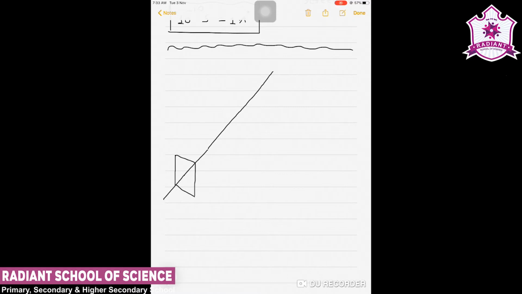In his experiment he made a new type of arrangement that I am showing over here, with the help of which he put two sources in such a manner, as I am showing.